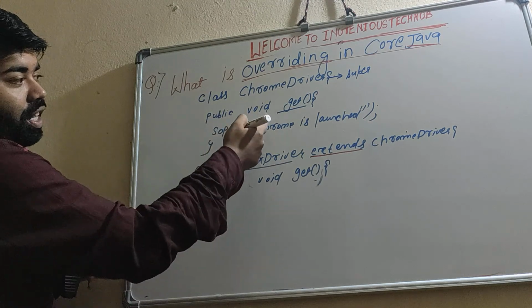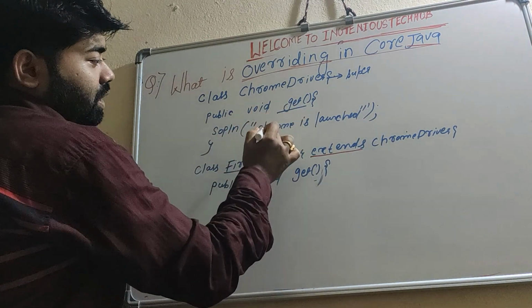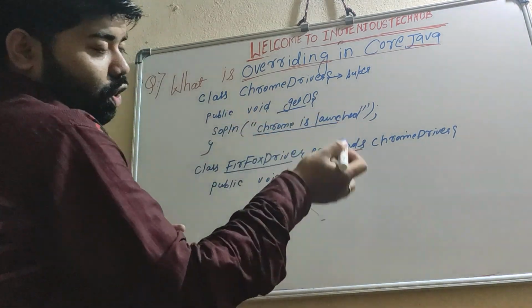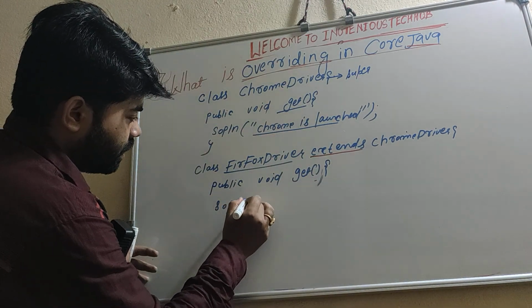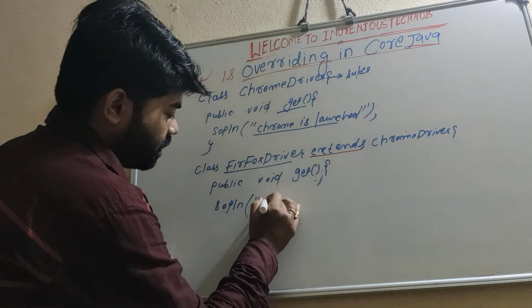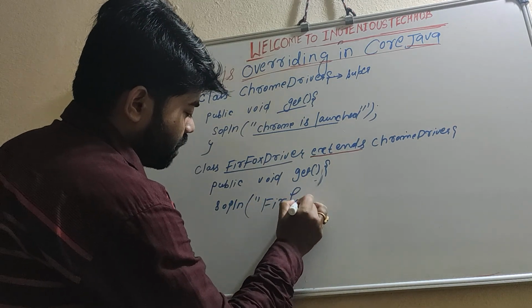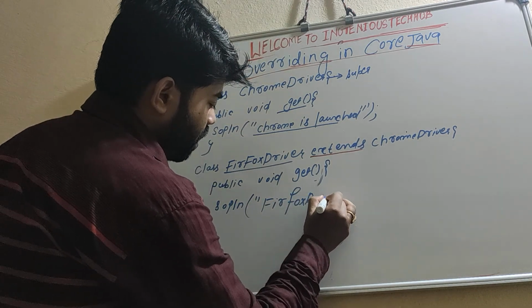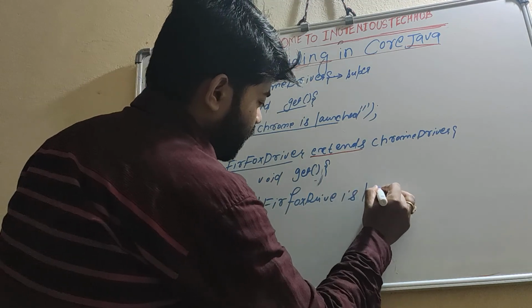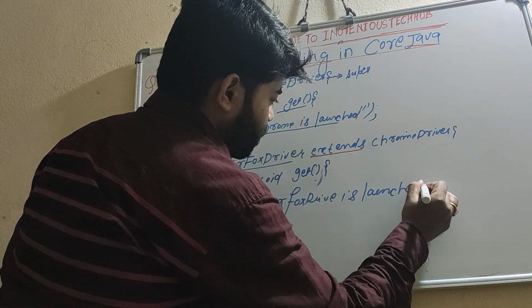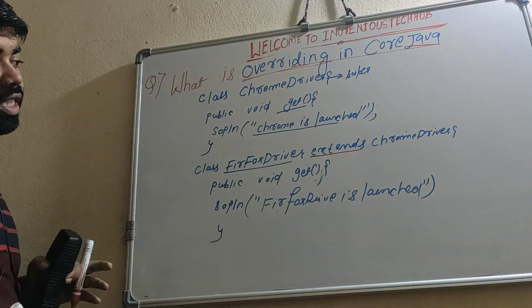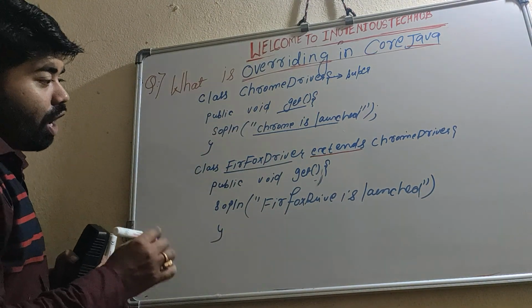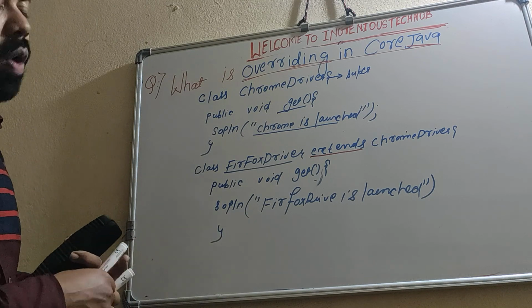Here we have written the logic to get, meaning Chrome is launched, but here we'll provide the implementation Firefox is launched. Firefox is launched. Now I will come to the definition of overriding.